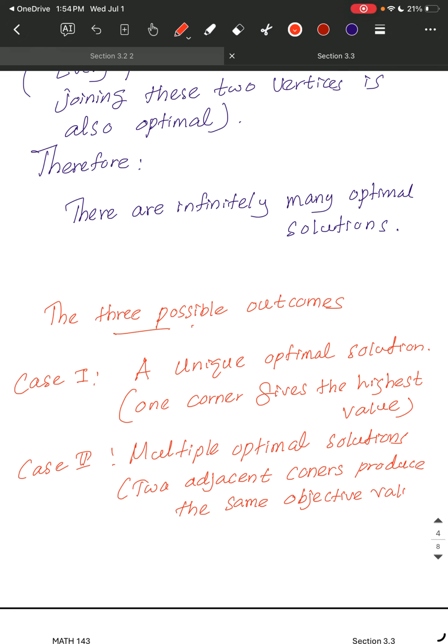So every point between them is also optimal.